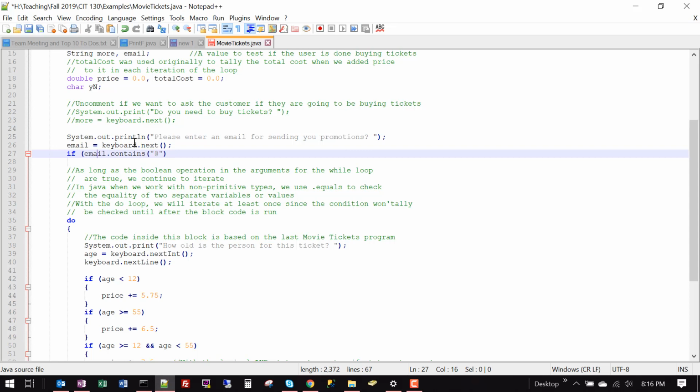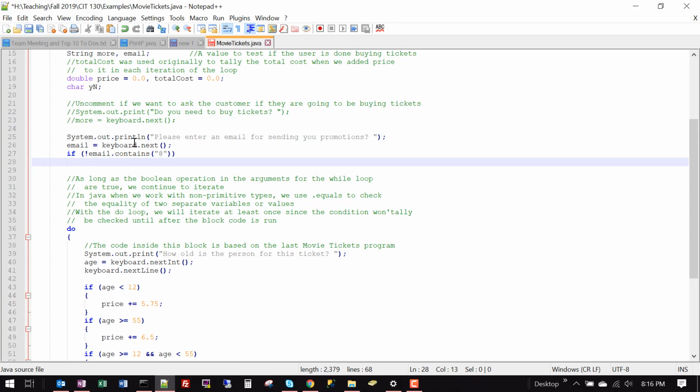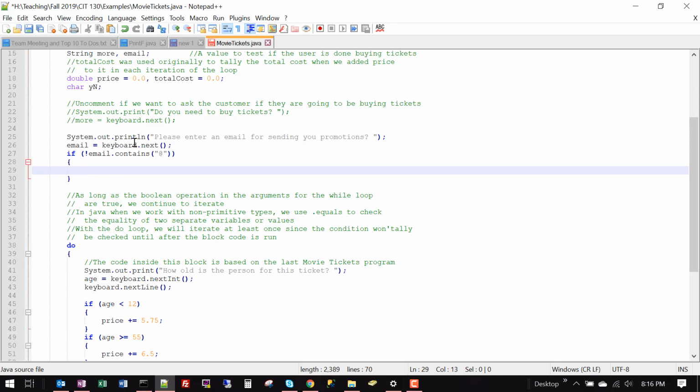And then in the front of that, I'm going to put this exclamation point for the not. This is something we talked about briefly during the decisions lecture, but now we're seeing it in action.